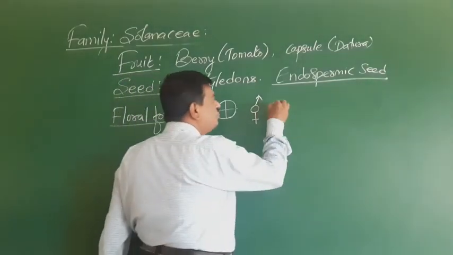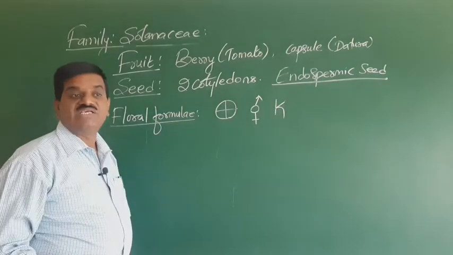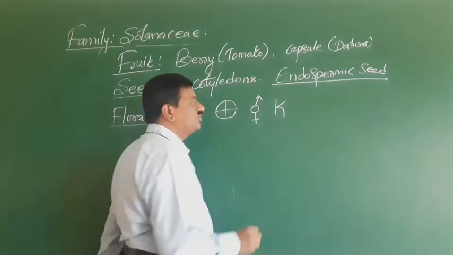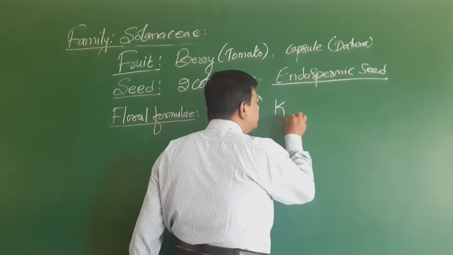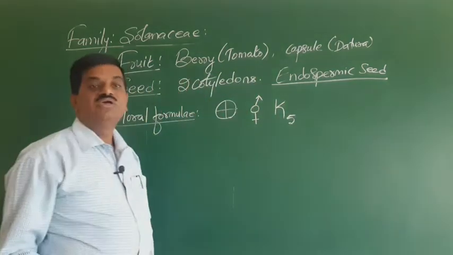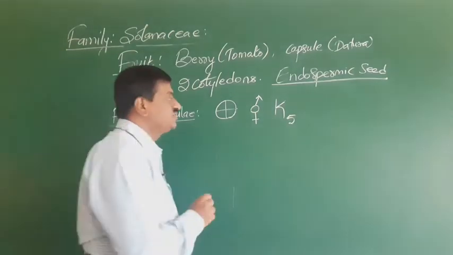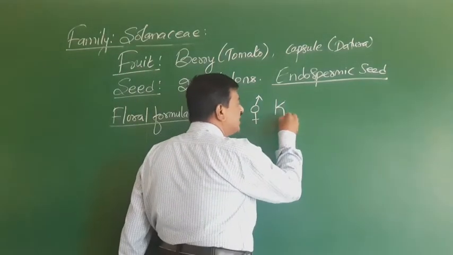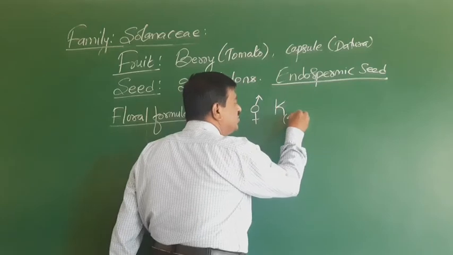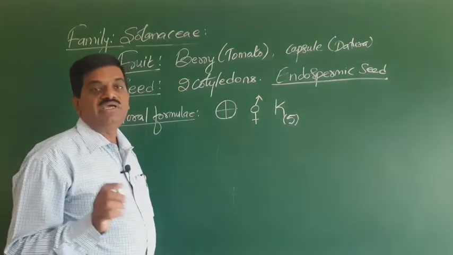Next we go for calyx. The letter K represents calyx. Here how many sepals are there? That should be written. So here there are 5 sepals and these sepals are fused, called as gamosepalous. So once it is fused, you should write this in a bracket. If it is free, without bracket, but it is fused, so we are writing in a bracket.